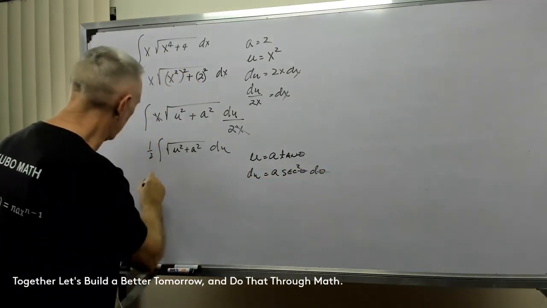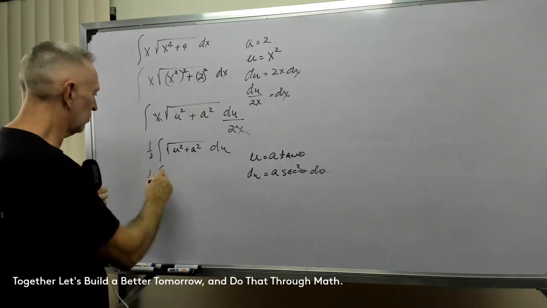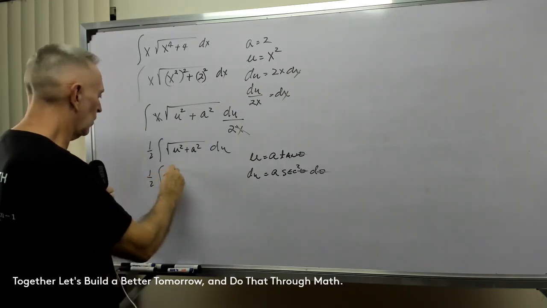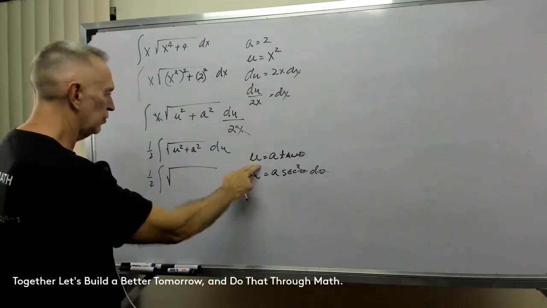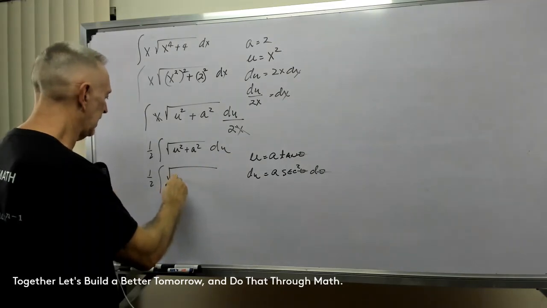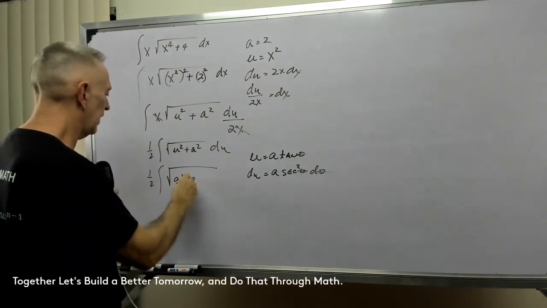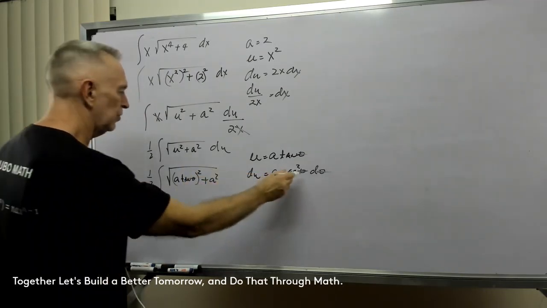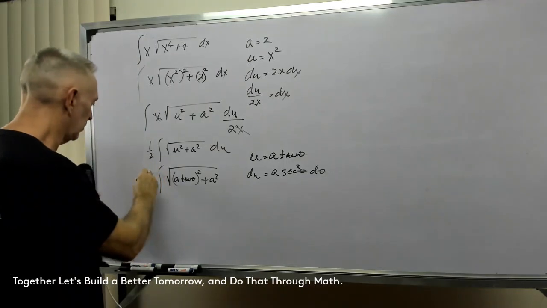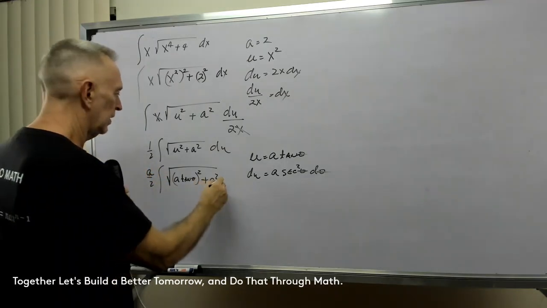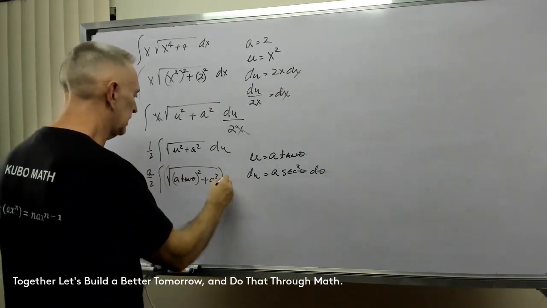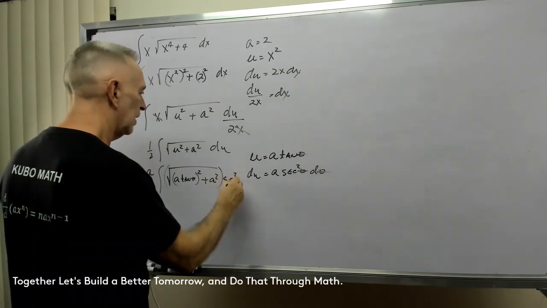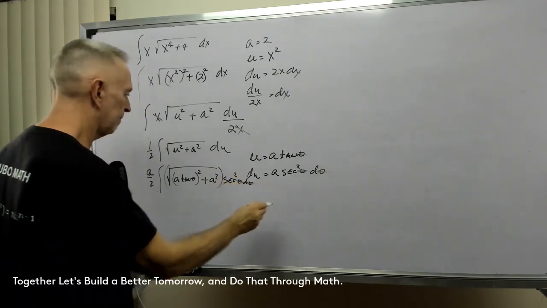So 1/2 the integral of the square root of u squared, so I have a tangent theta squared plus a squared times du, and that equals a, and I'm going to pull that a over here, secant squared theta d theta.